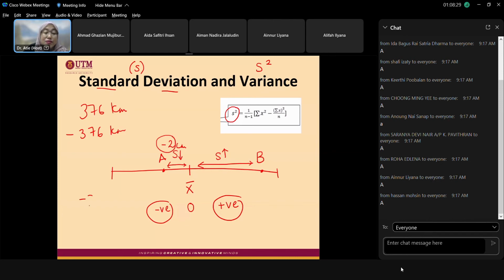So negative 2 squared will be 4. And then in order to know the exact distance, I take the square root of 4, which is 2. So this is the right answer if you want to represent standard deviation. The standard deviation is 2, or I can say the distance is 2 from the center, or the mean.